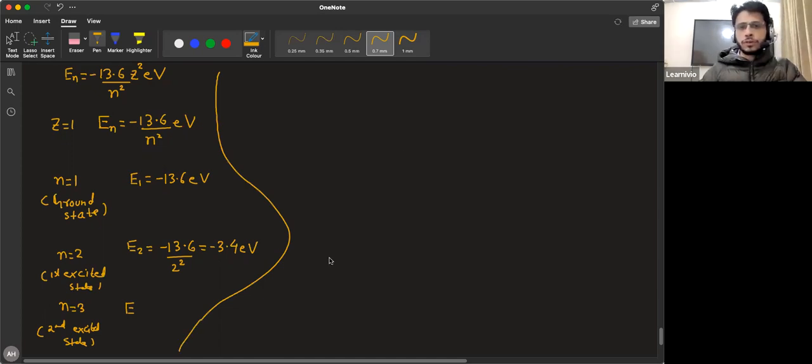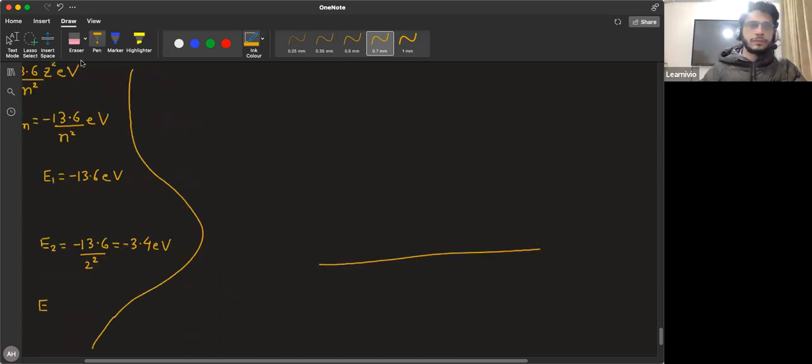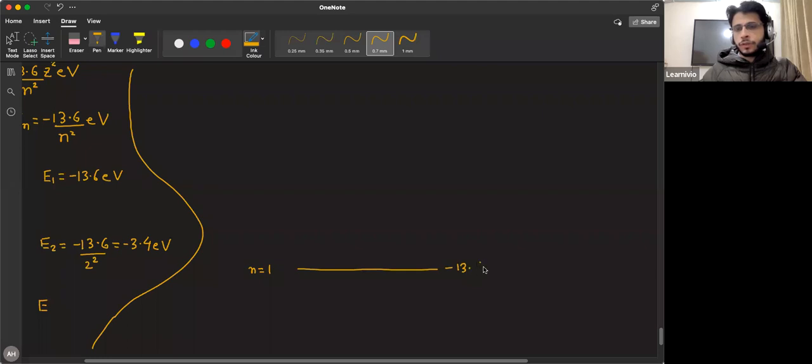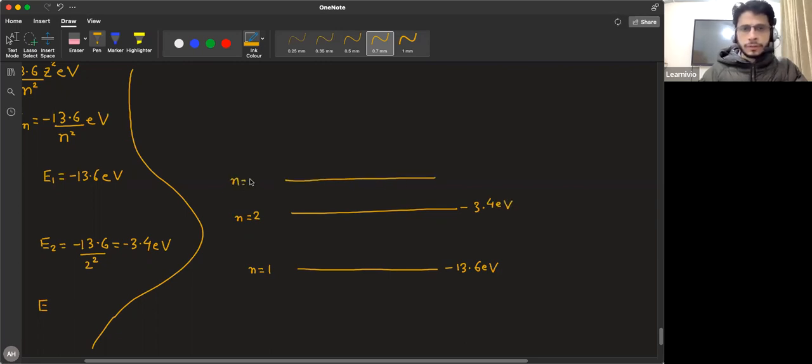Now you can just draw this diagram. This is the n equal to 1 level. In n equal to 1 level, energy is minus 13.6 electron volt. Then you have the n equal to 2 level. Energy is minus 3.4 electron volt. When you take n equal to 3, energy will become minus 1.51 electron volt.